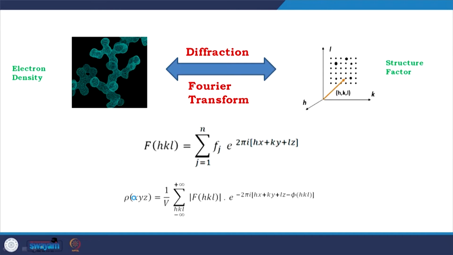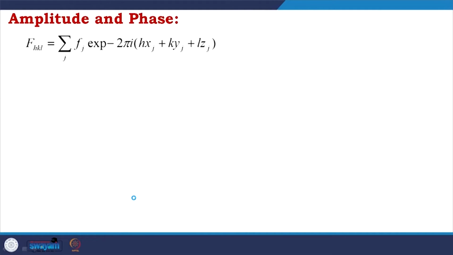The structure factor F h k L equals summation j equal to 1 to n, the n number of atoms, f j, which is the contribution of the individual atomic scattering factor, times e to the power 2 pi I (h x j plus k y j plus L z j), whereas the electron density rho x y z equals 1 by V, summation from minus infinity to plus infinity over h k L, of the structure factor absolute value F h k L times e to the power 2 pi I (h x plus k y plus L z) minus phi h k L. Now we know that F h k L has two terms: f j and the exponential term of 2 pi I (h x j plus k y j plus L z j).